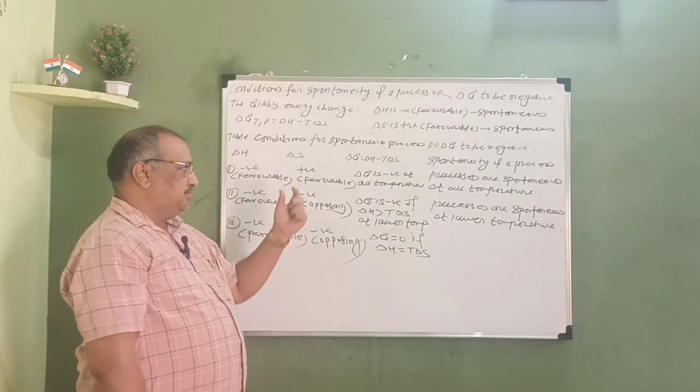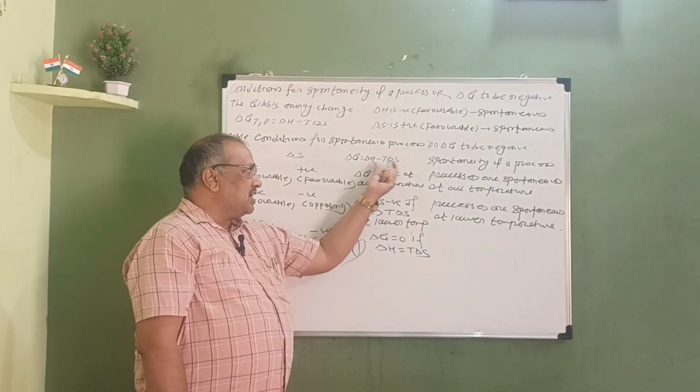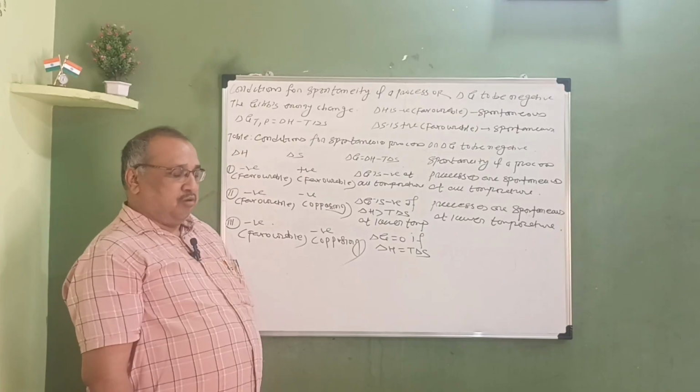That means here this delta H carries negative sign and T delta S carries positive sign.